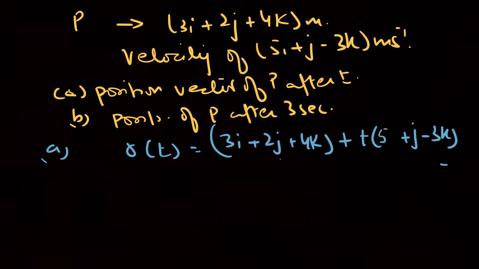So that's why we multiplied: we have multiplied velocity with time. Why did we multiply this with this?